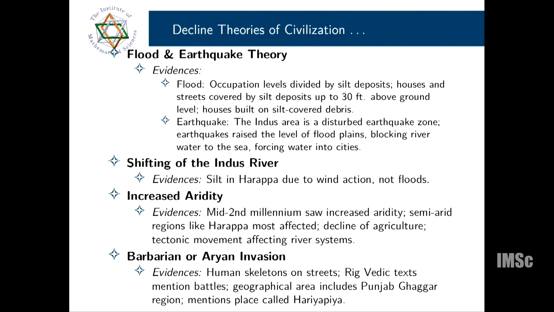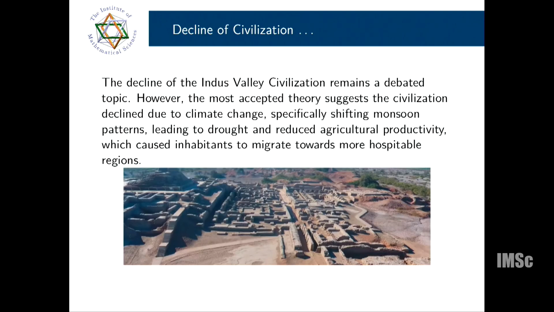And the Aryan invasion, yes, it is already declined. This theory says that there are some Rigvedic texts, and some text in Vedic language called Harappa, which is similar to Harappa or this kind of thing. But at the end, it remains a matter of debate.